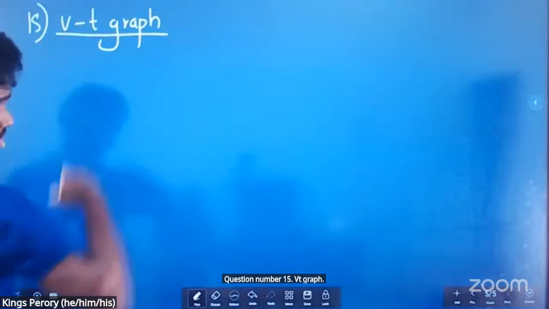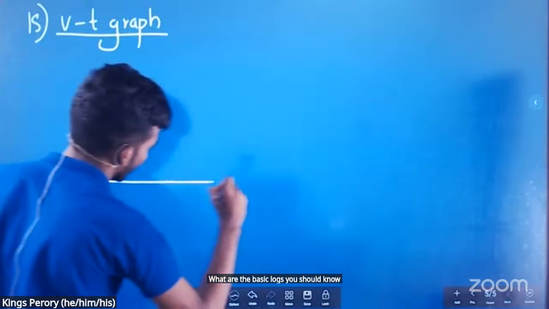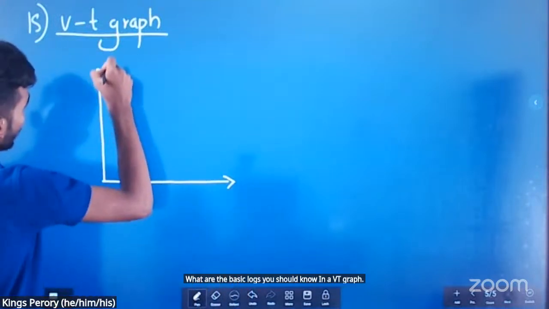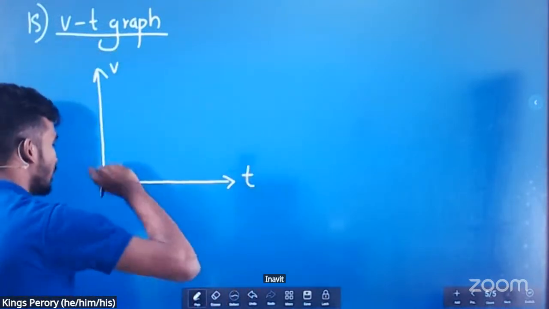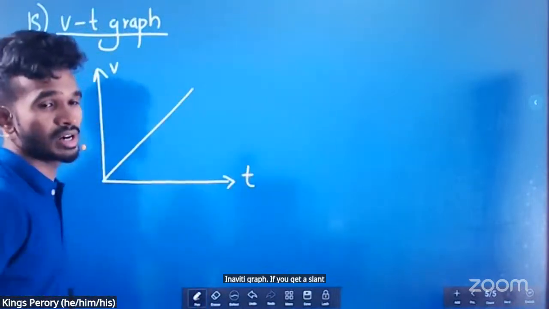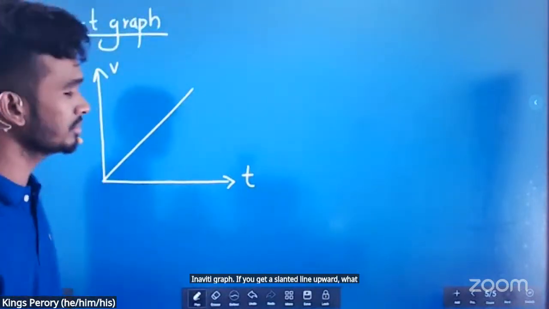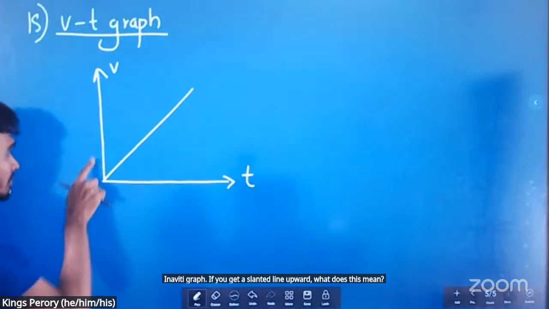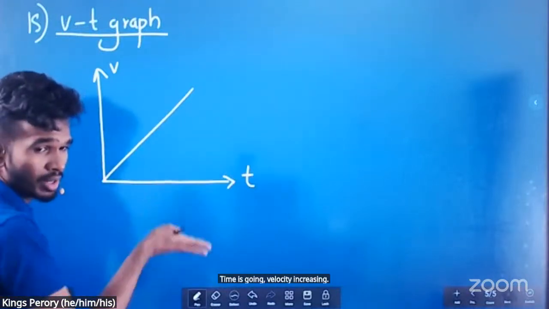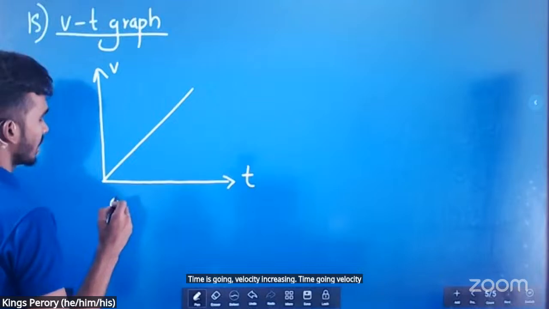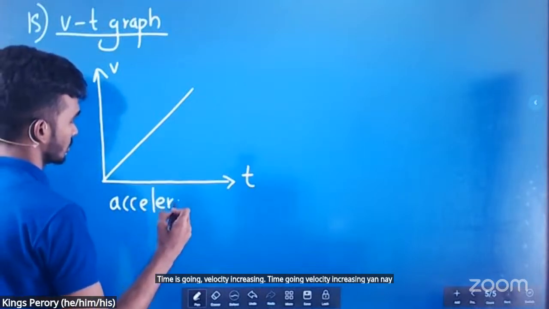What are the basic logics you should know in a VT graph? If you get a slanted line upward, what does this mean? Time is going, velocity increasing, that means acceleration.